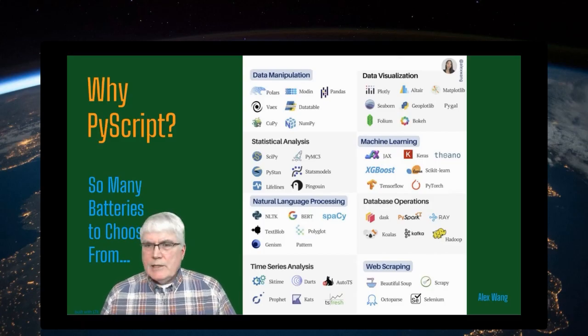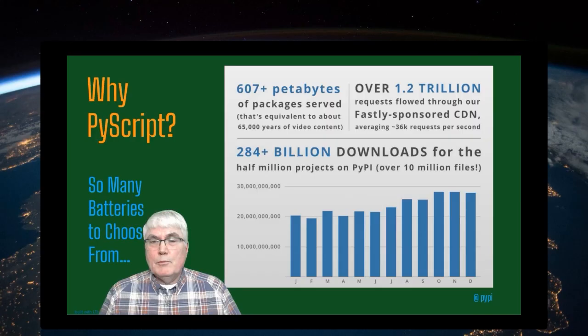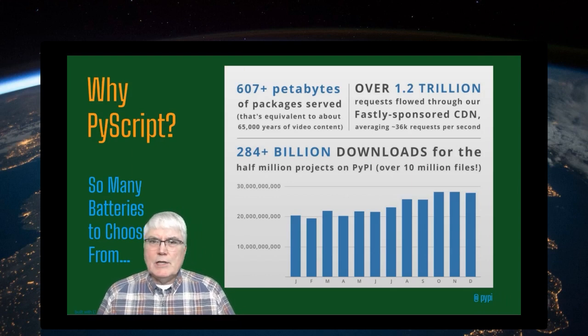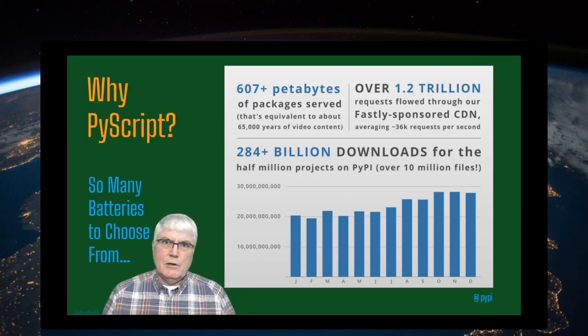So packaging really becomes a challenge, especially if you think about how many packages there are. There are like 500,000 projects on PyPI. This is humongous. The amount of downloads that are happening from there shows how much effort we have to spend in figuring out what to download to install before we can actually run our Python code.